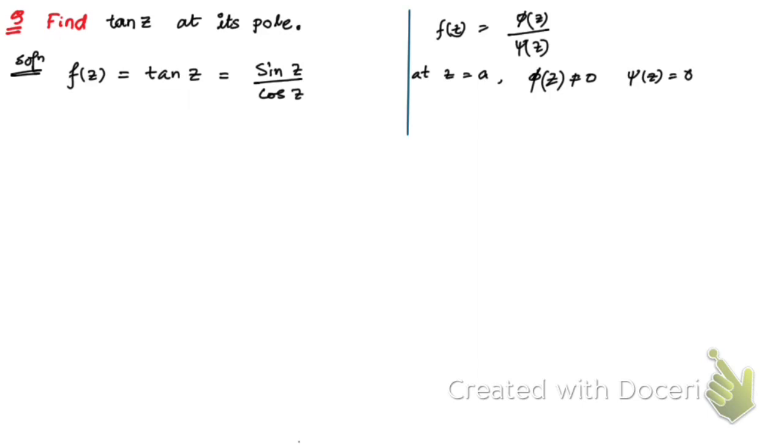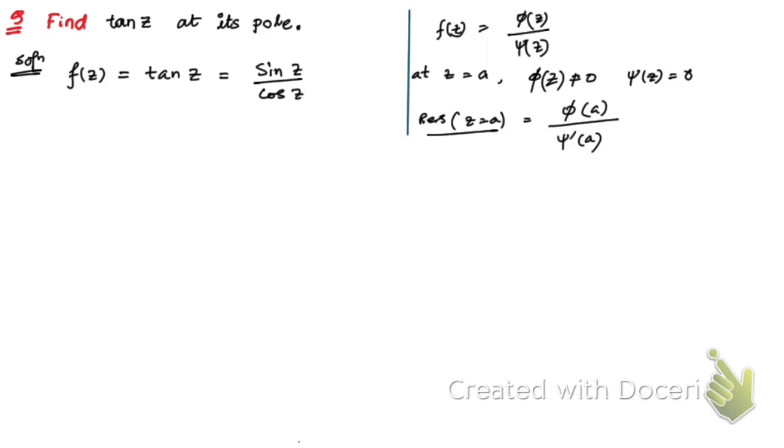In that case, the residue at z is equal to a will be given by phi of a divided by the derivative of psi of z at z is equal to a. So we're going to differentiate this, and we're going to put z is equal to a, right? That's how we're going to find the residue at z is equal to a, right?